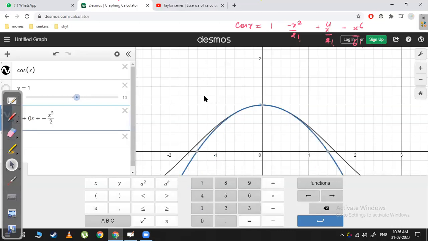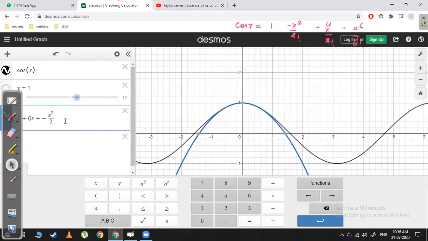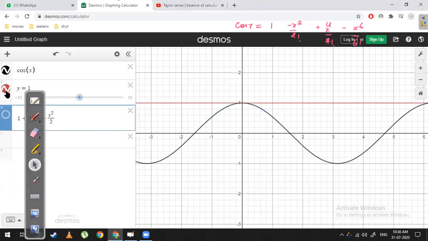Now you can see that previously the curve was different. Previously this was the curve, and when we added the remaining term, from linear it became a little more approximate.